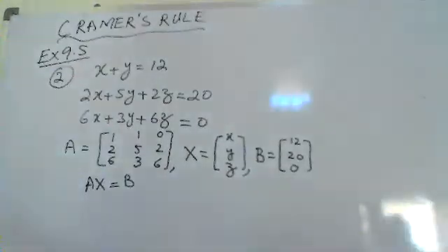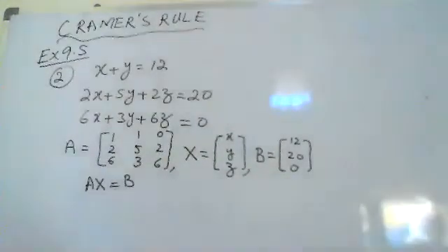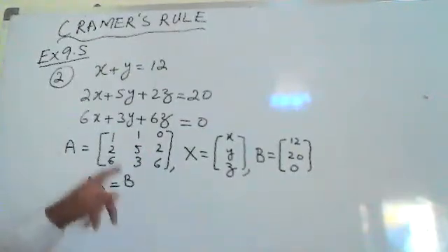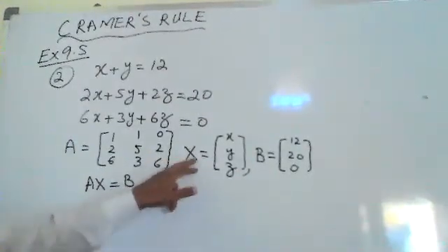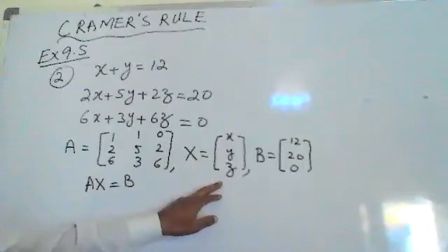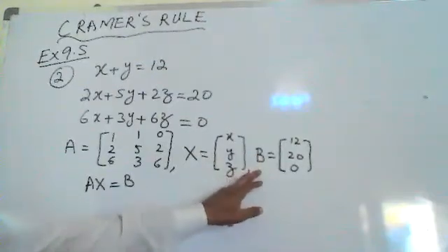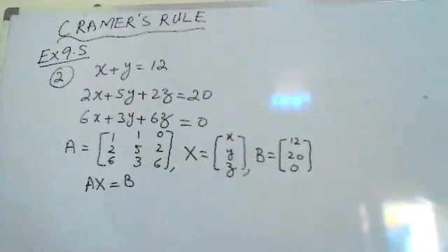So we have made three matrices. The first matrix is the matrix of the coefficients of the variables. Second matrix X is the matrix of the variables. Third matrix B is the matrix of the constants.